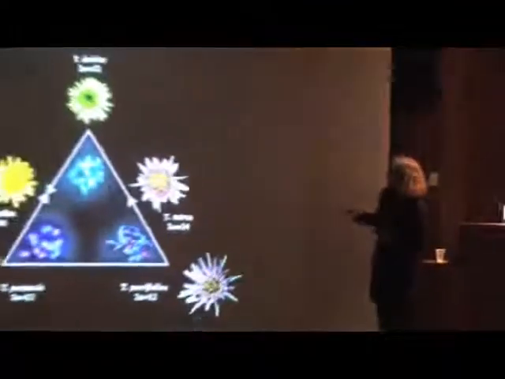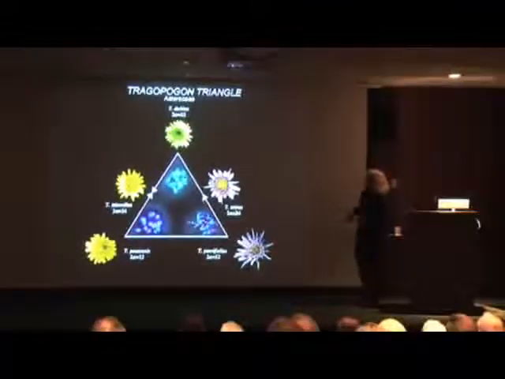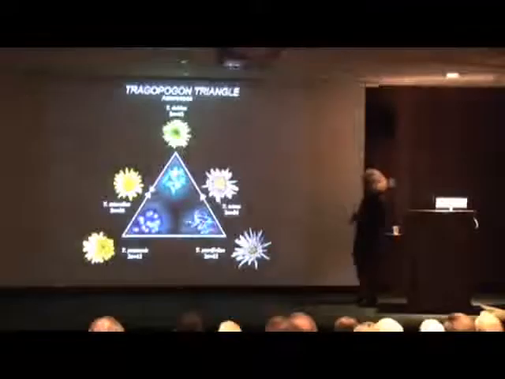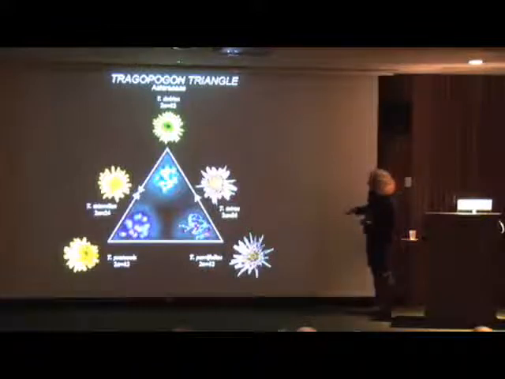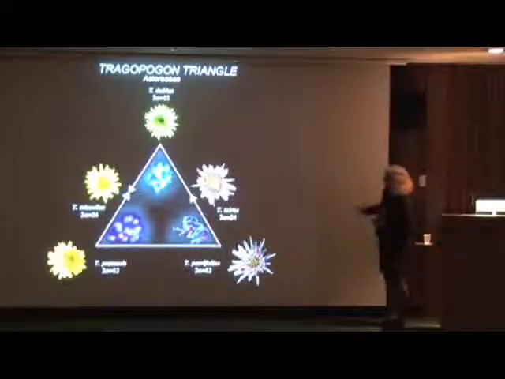And here they are, a little more artistically, our Tragopogon triangle. This is dubius, one of the diploid parents, pratensis and porrifolius. And these two cross to yield Tragopogon mirus, which clearly morphologically combines the purple ray flowers of porrifolius and then the yellow center part from Tragopogon dubius.